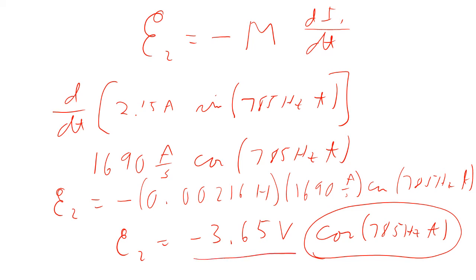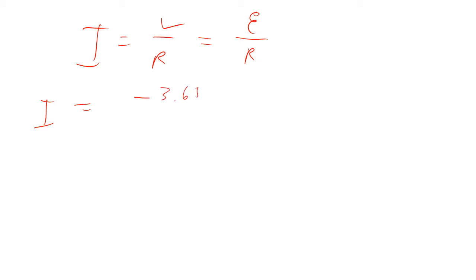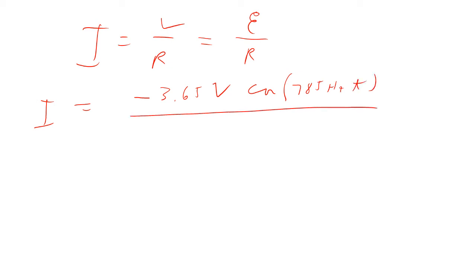And so if we want to find current, then we know that current is going to be V over R, so in this case the voltage of the EMF over R. The current is going to be equal to minus 3.65 volts cosine 785 hertz t divided by the resistance, which was 2.25 ohms.